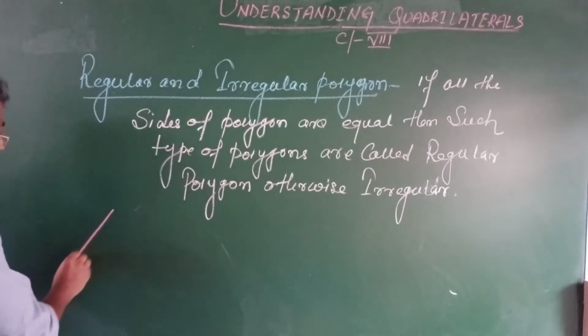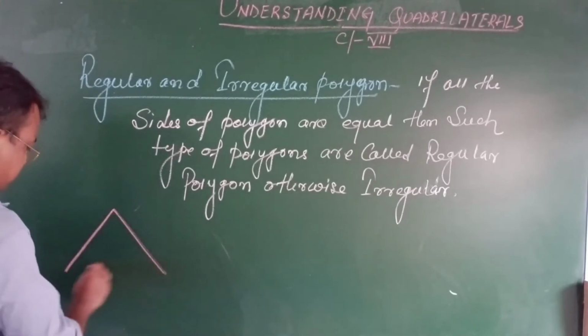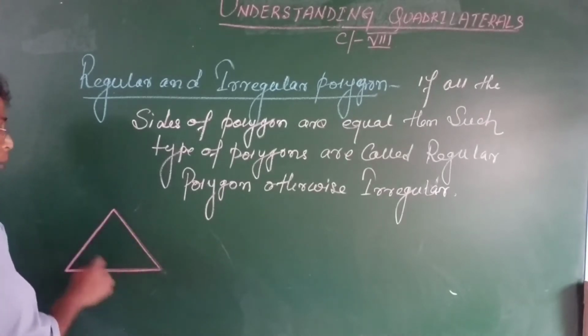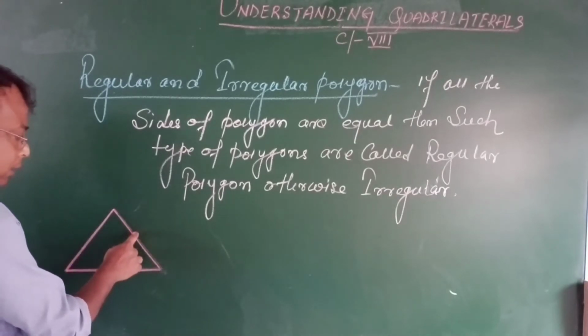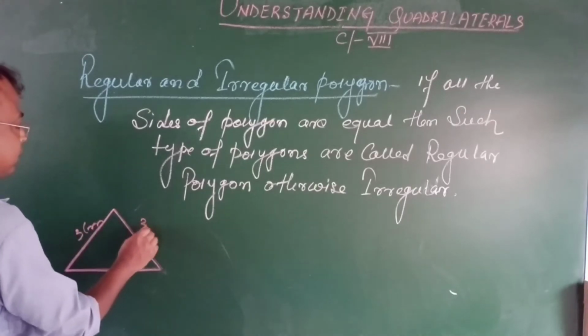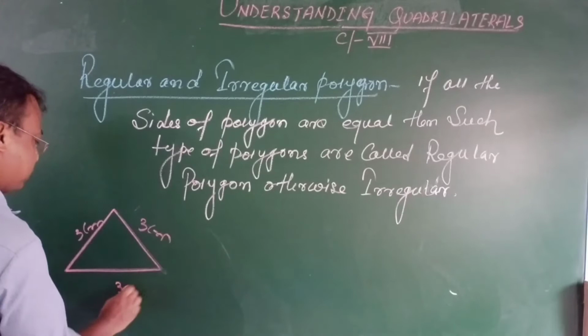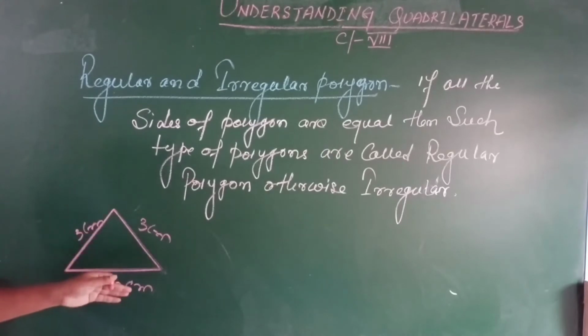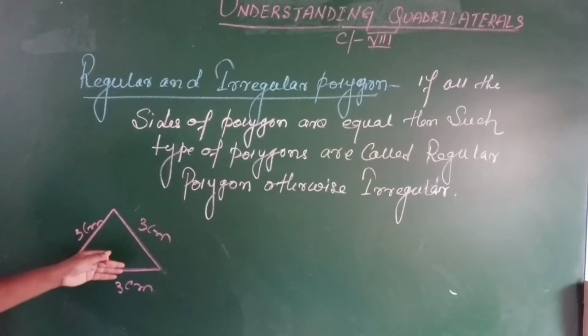Suppose this is a triangle. All these three sides are equal here. This is one side, this is another side, this is another side. Let us say this is 3 centimeter, this is 3 centimeter, and this is also 3 centimeter. So you see all the sides are equal, so that's why it is called a regular polygon.